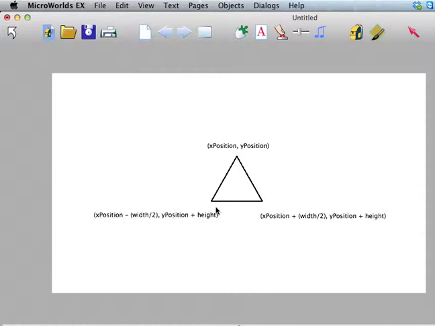That's this point. So if you want to check to see if this point is hitting the side of the wall, you need to think, am I going to use x position or am I going to use x position minus width over 2? And the same thing going on this side, right? Am I going to use x position plus width over 2? Because you want to use this point to check bouncing against this wall, right?